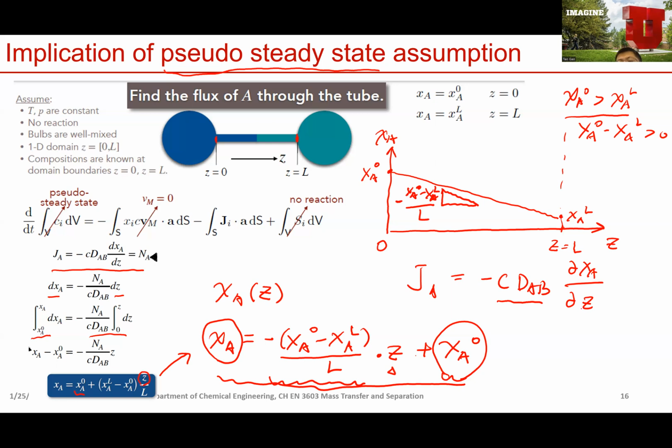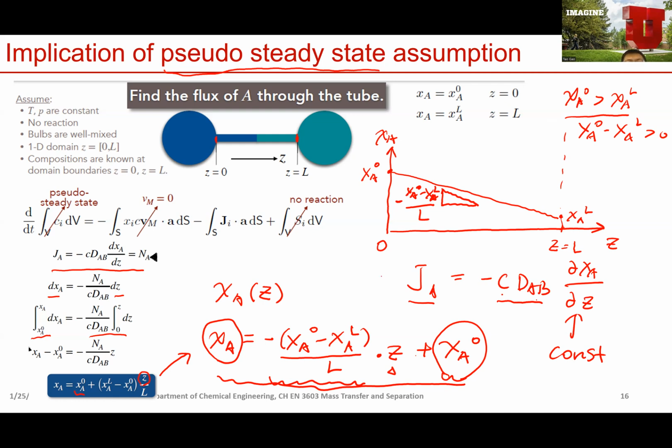And now in this case, for a 1D problem, the derivative of X_A over z is just the slope of this mole fraction profile. Since it's a line, the slope is a constant, right? So we have constant multiplied by constant multiplied by constant. That gives us J_A, the mole flux, is a constant, right?